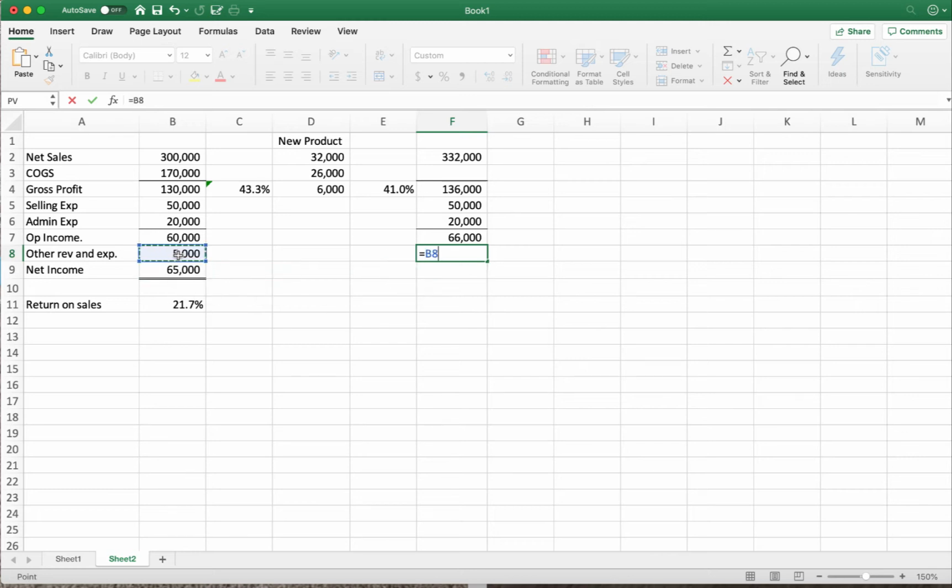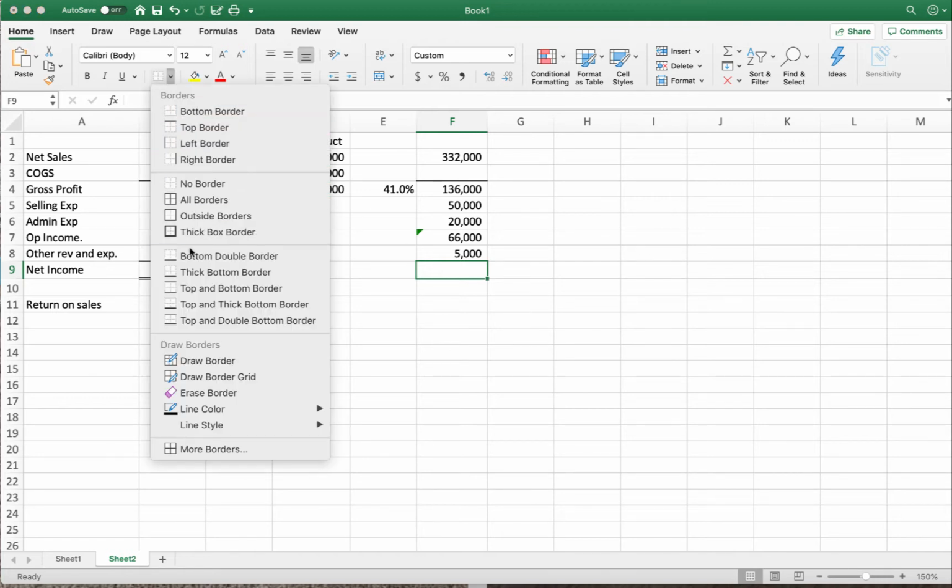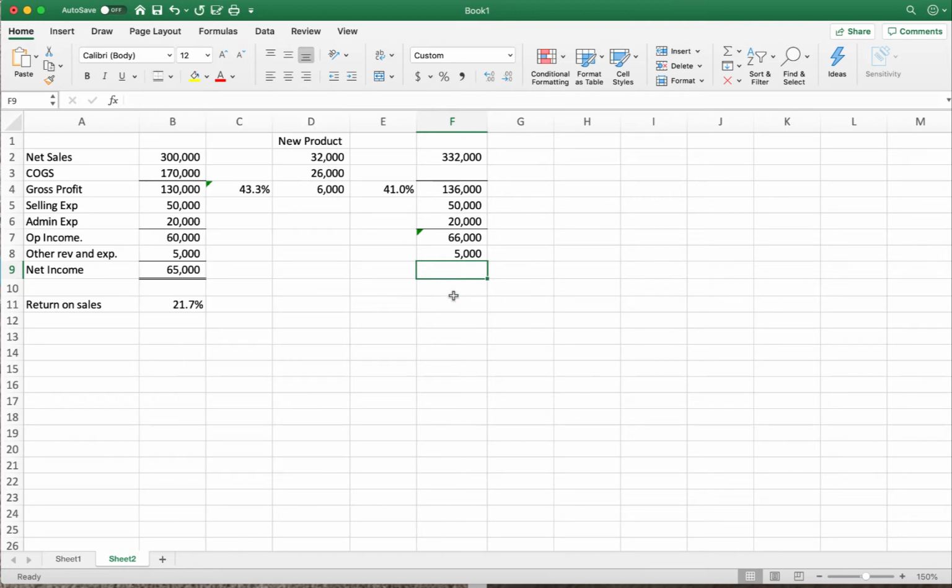So that $5,000 is still going to stay the same, right? So what's my new net income in this case? Well, my new net income is going to be my income from operations under the new scenario at $66,000 plus my other revenue and expenses, right? It hasn't changed. It's still going to remain the same. $71,000 is my new net income.